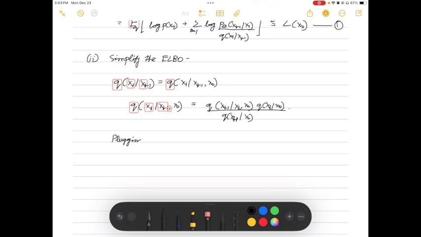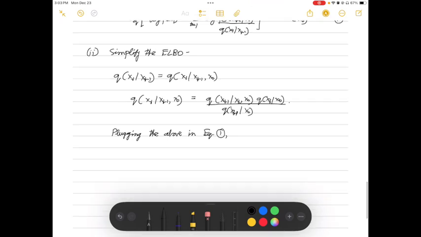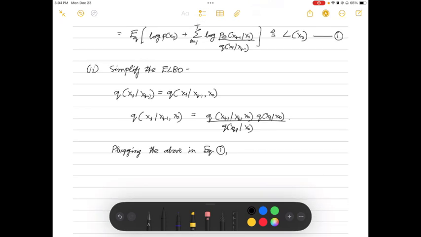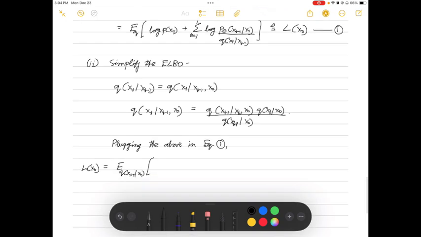So plug the above into equation 1, using these two facts simultaneously. L of x naught as an expectation over q, and this q was over x1 to T given x naught, because this q was over all time steps for x.